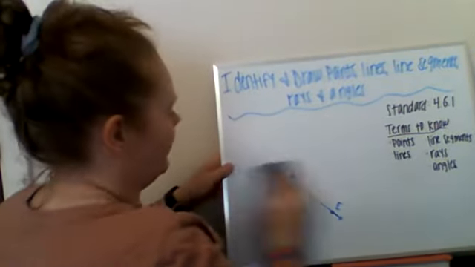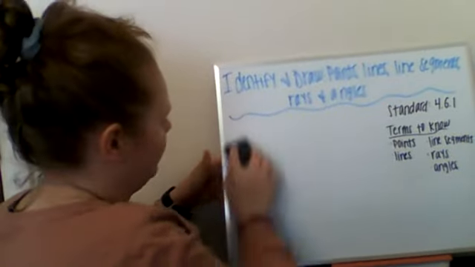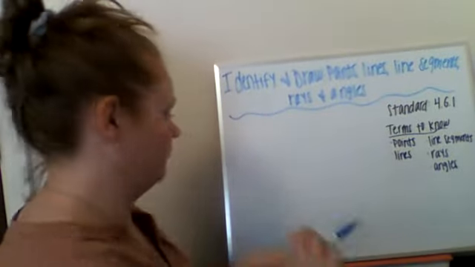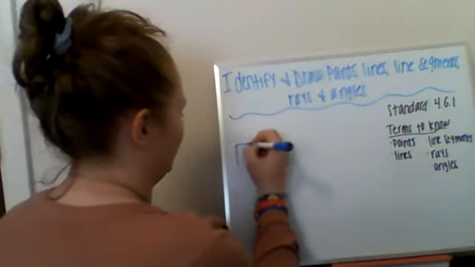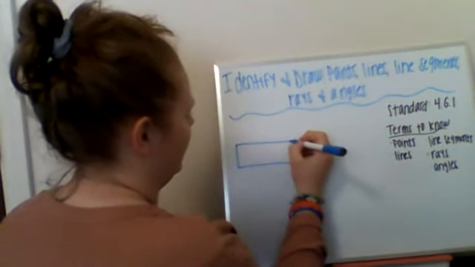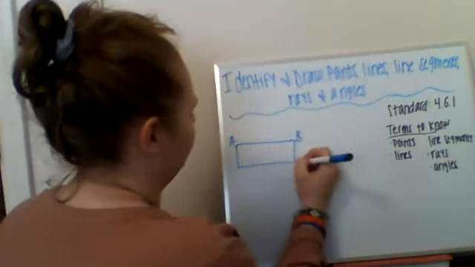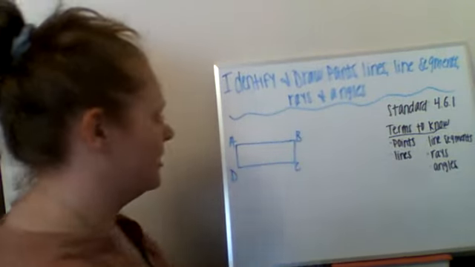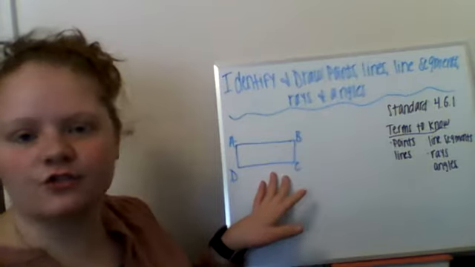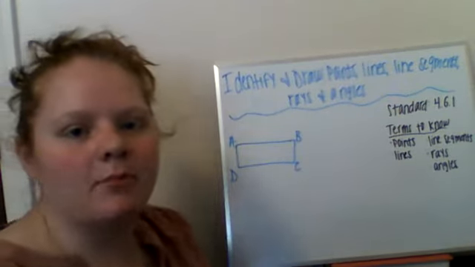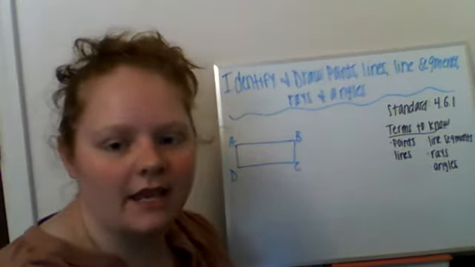Okay, so now I'm just going to draw a rectangle. I'm just going to draw a standard rectangle. I'm going to label everything. Okay, so all I did was I just drew a rectangle and I put A, B, C, and D, labeling it.